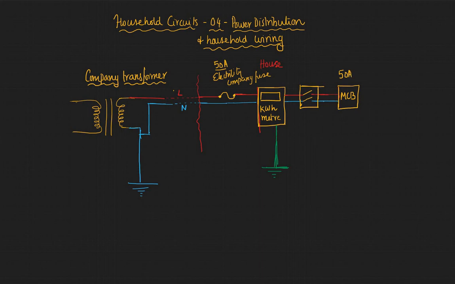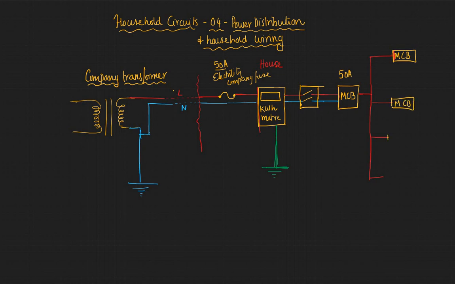And from the MCB, the line now goes into various rooms. So let's say this is your room 1 or facility 1, facility 2, facility 3, facility 4, and so on. And each of these facilities will have their own MCBs.